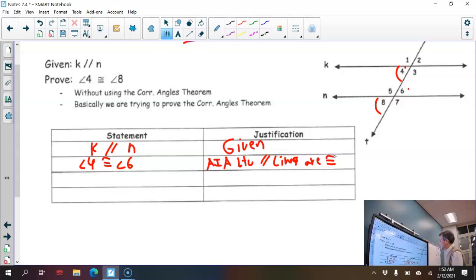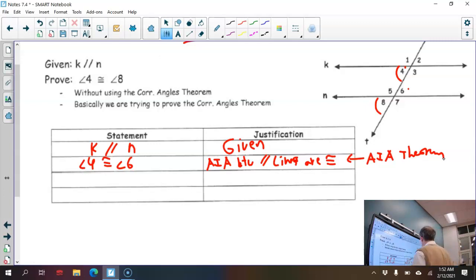AIA, alternate interior angles, that's a BTW for between. I'm not going to write out the whole word between. Alternate interior angles between parallel lines are congruent. You know, this is the alternate interior angles theorem. But I actually like to write it out because it tells you what the theorem says.